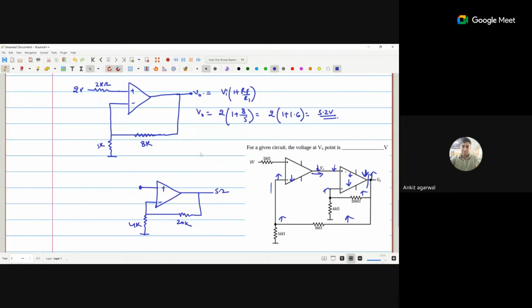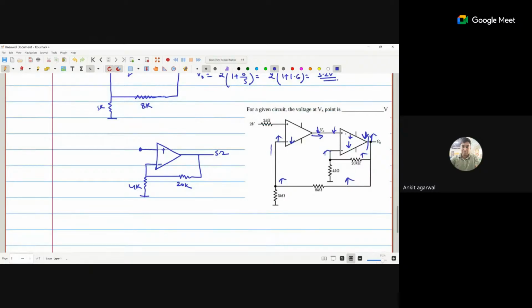Why will this voltage appear? Because of this 5.2 volts, current is flowing in this direction. If the current is flowing in this direction, some drop will be across the 20k and some drop across the 4k. The drop across 4k is what we get at this point. Because of negative feedback, this voltage and this voltage are the same, so we get Vx and Vx.